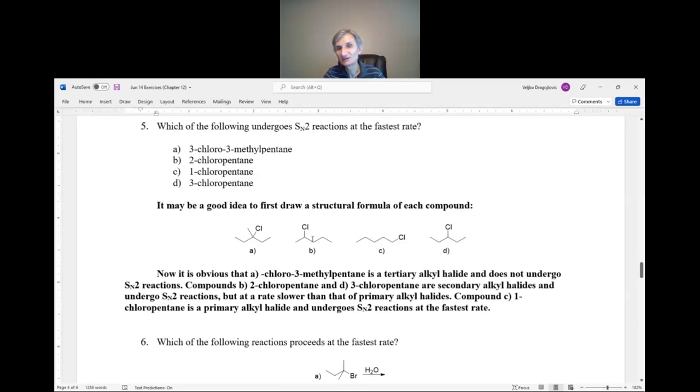This one is even more hindered than B. Well, actually, it's arguable, an ethyl group versus methyl and propyl. I would argue that D is more hindered, but it doesn't matter since you're not ranking them. You're looking only at which one undergoes reaction at the fastest rate. And that's C, because C is the only primary substrate here.